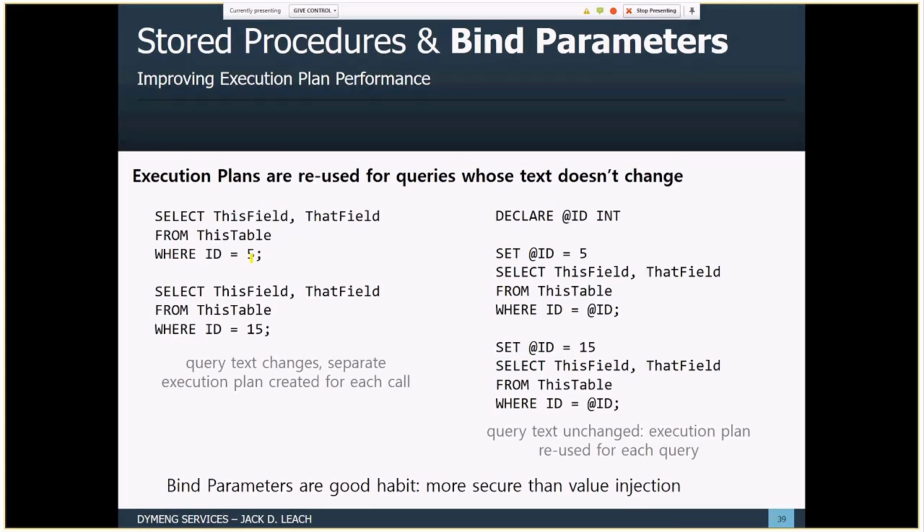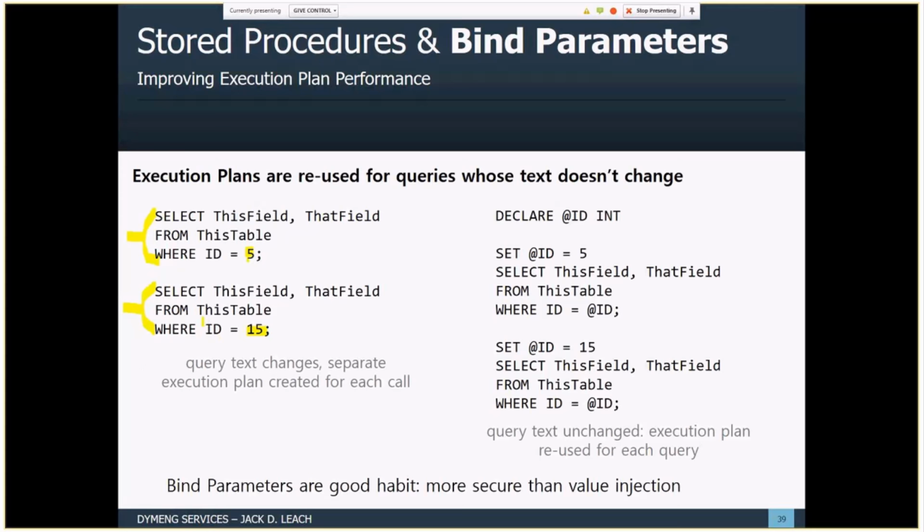So if we have text that is different in the query itself, the execution plan is going to be reevaluated for each call. This query here that we're looking at is almost identical to this query here. We just changed the parameter a little bit at the end, but we have these values hard-coded in here, so technically the text for this query and this query are different.